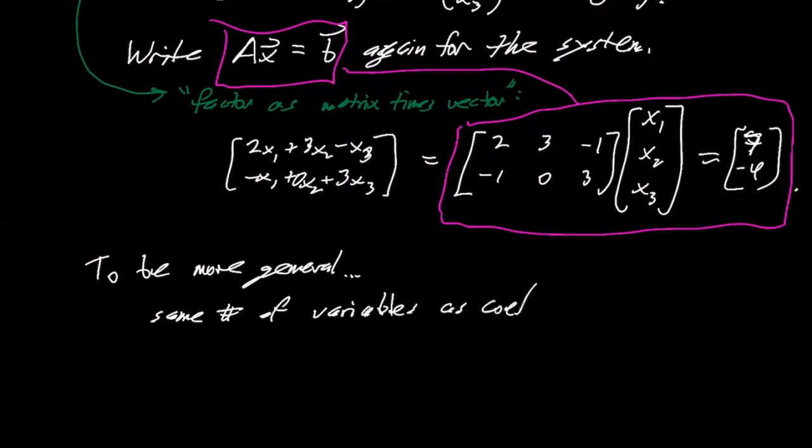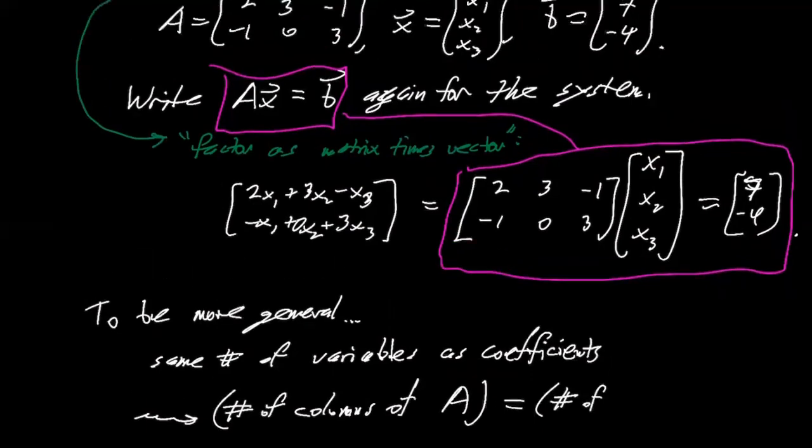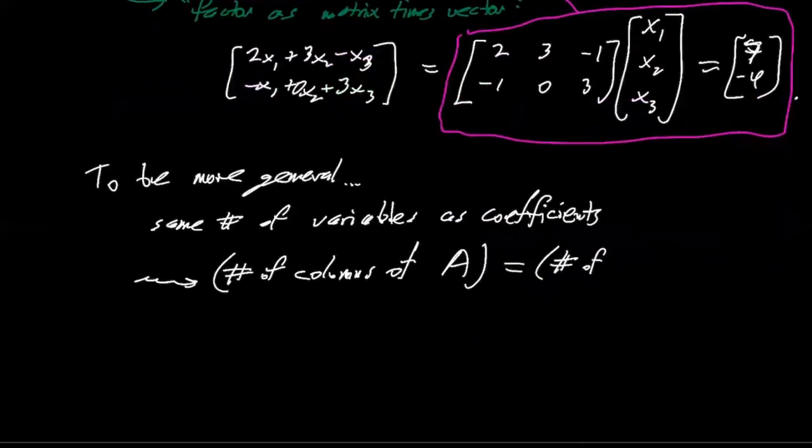Even if some of the coefficients are 0, we still think of them as being there. Which means you can't just multiply any matrix times any vector. You really need the number of columns of the matrix, the coefficient matrix A, to equal the number of entries, basically the number of variables.